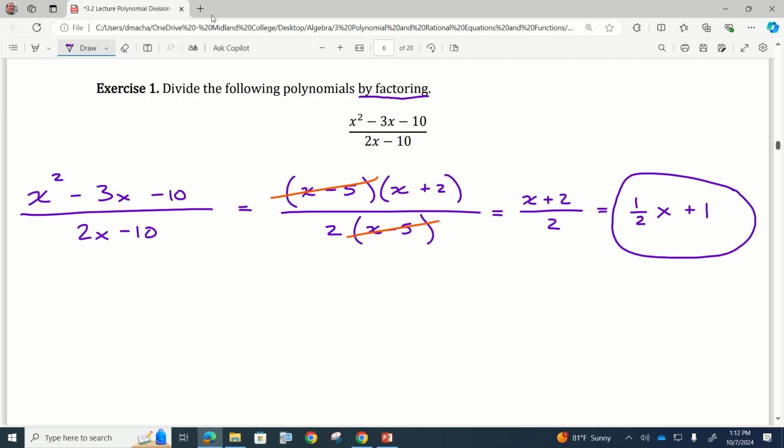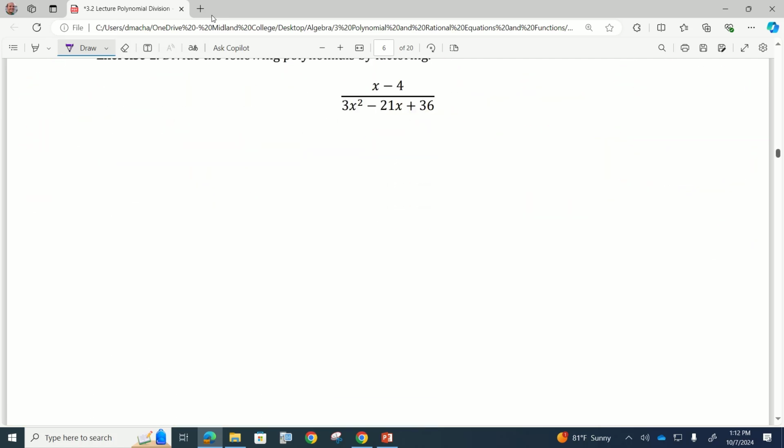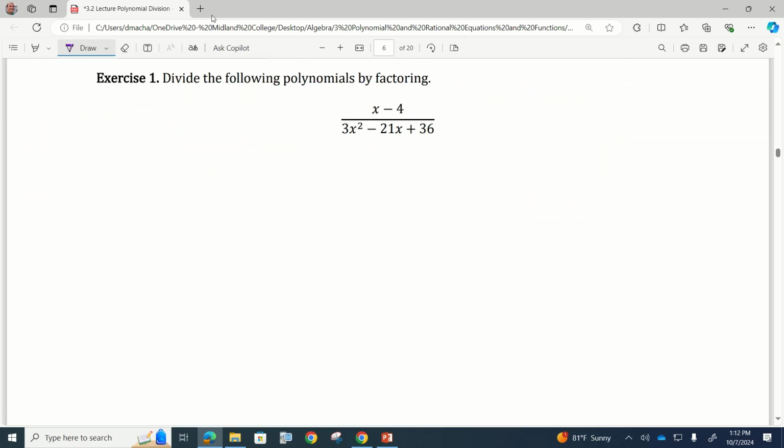Okay. Let's do another example of that. Again, we're going to divide by factoring. This time, my numerator is just one factor, right? It's already factored. My denominator has these 3 terms, and there's actually a common factor between those 3 coefficients. So 3, 21, and 36, those are all divisible by 3.